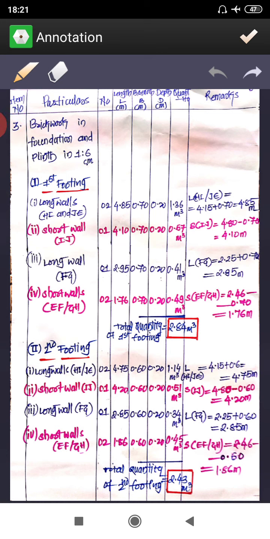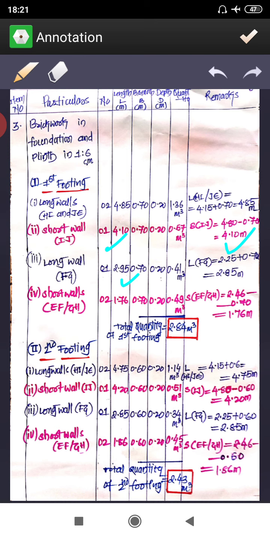Now the next, long wall FG, the same criteria you have to follow. Number is 1, length is 2.95. For long wall, as we know, it is the center to center distance plus one full width. Here 2.25 is the center to center distance, plus one full width of 0.70, so it will be 2.95. Width is 0.7 and the depth is 0.20. So the quantity here is 0.41.